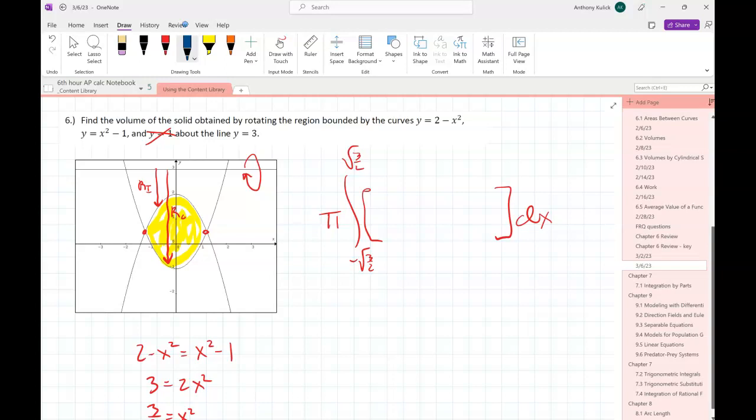All right. So this distance is y, right? This distance is going to be 3 minus y, correct? So that's our inner that I did.